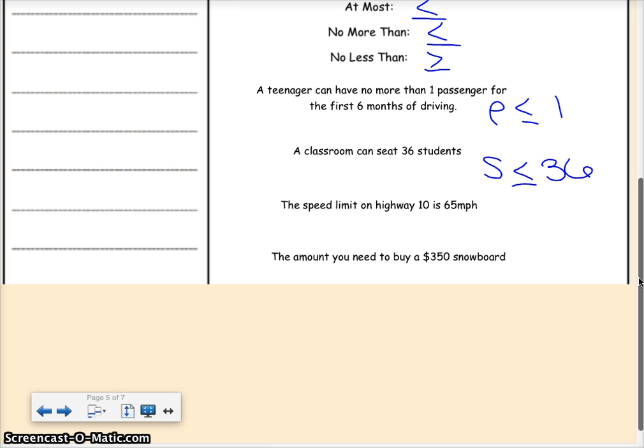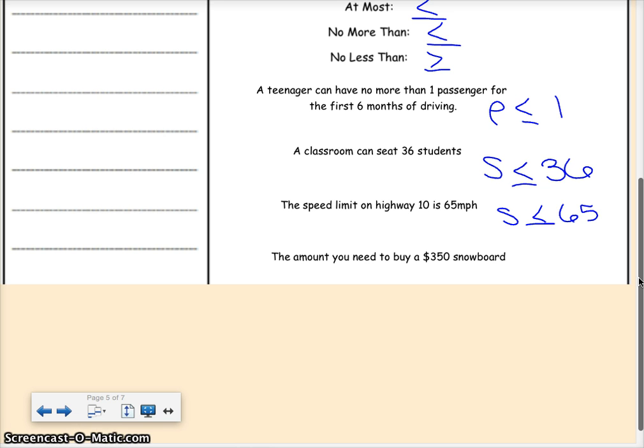The speed limit on Highway 10 is 65 miles per hour if you're not in town. So your speed, are you bigger than 65 or less than? You should be less than 65. Can you equal 65 miles per hour? Yep, so put the bar under it. So notice that my strategy here, I figure out if I'm bigger or less than, and then I figure out, should I put the bar under it or not?